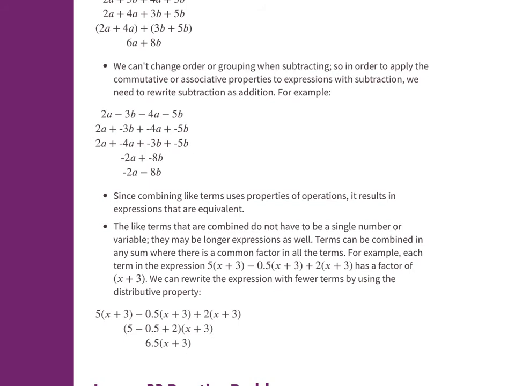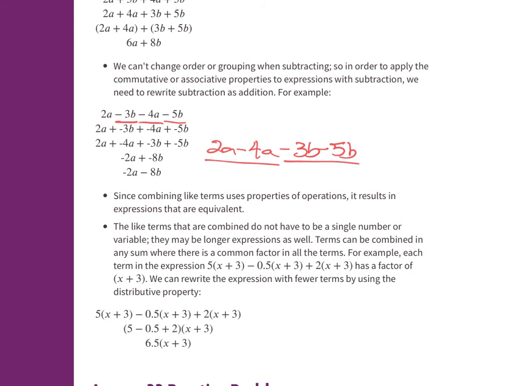Or you have to keep the sign with the number. So for example, this minus goes with the 3, this minus goes with the 4, and this minus goes with the 5. So you could have 2a minus 4a, and then minus 3b minus 5b. You just have to keep the minuses together. 2a minus 4a is negative 2a, negative 3b minus 5b is minus 8b.